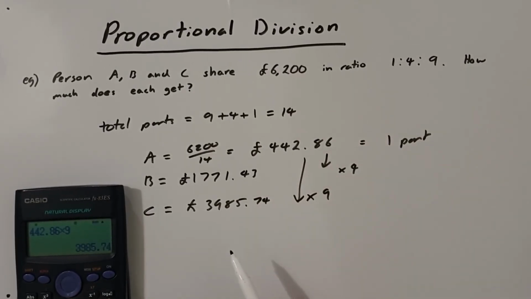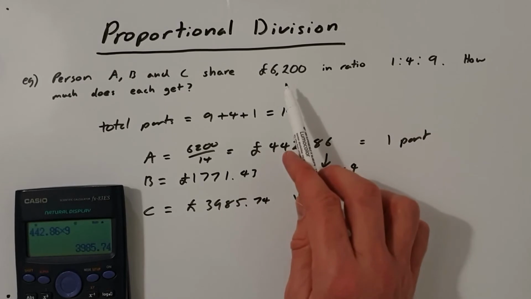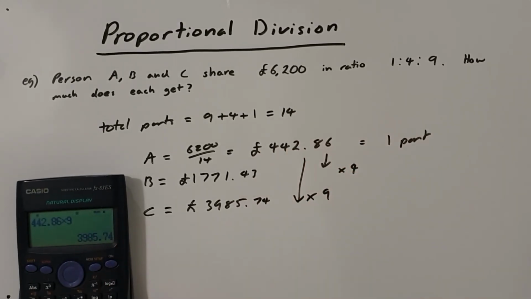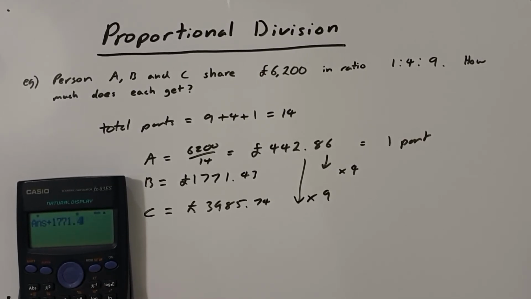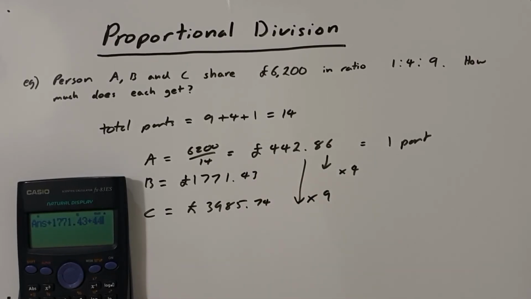And one way that you can check this is by adding them all up. If they add up to pretty much 6,200, you know you've got the right answer. So we've got our answer for C there, and we'll add the 1,771 and 43 pence, and then we'll add our £442 and 86 pence.